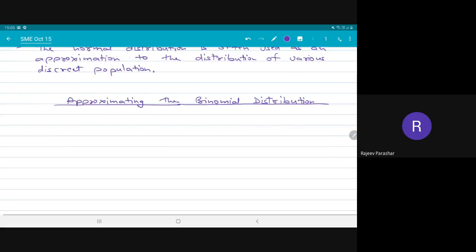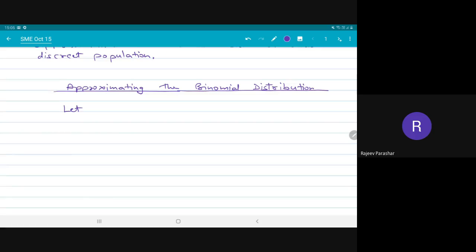Let's consider a particular binomial experiment with sample size equal to 20 and probability of success of a particular trial equal to 0.6.